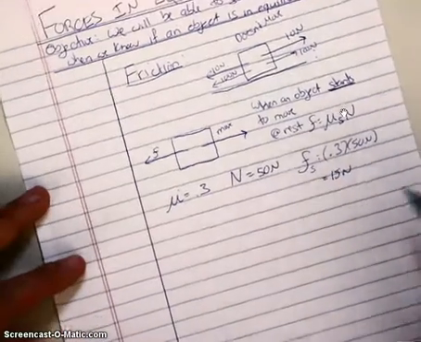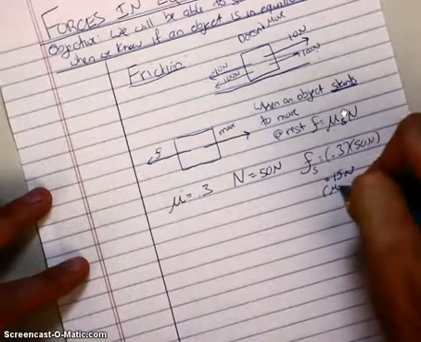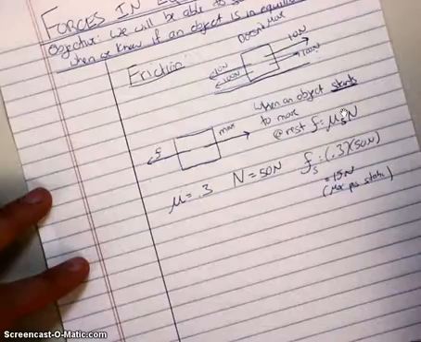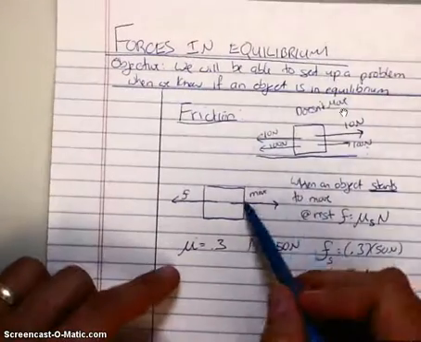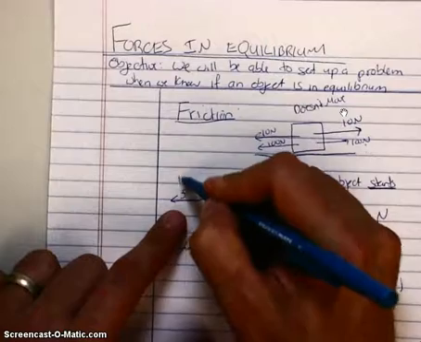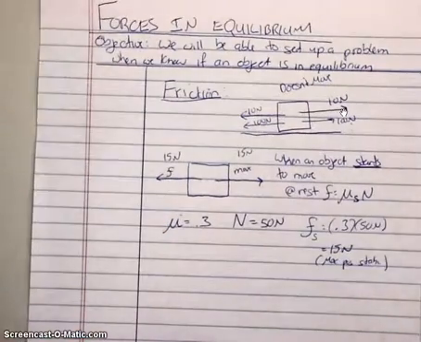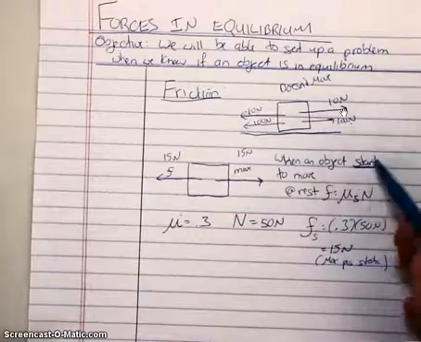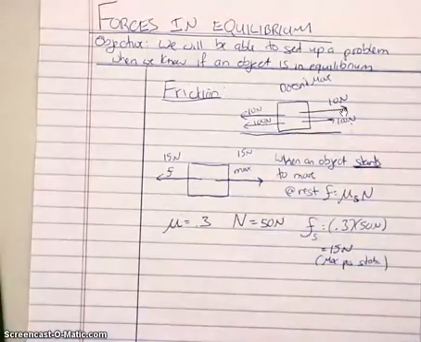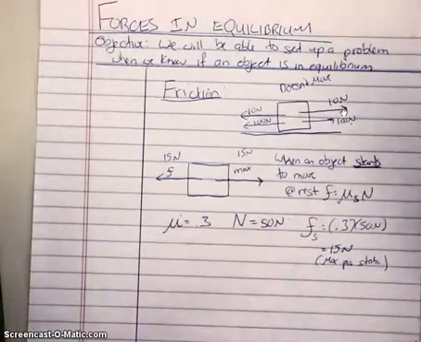So the maximum possible static friction can only be 15. Right at that moment when we reach 15 newtons here, this force of friction will be 15 newtons, and that is our maximum possible static friction right when it starts to move. Right when these two are equal, it is going to begin to move. Then the friction will change to kinetic friction, but that's a different question, okay?